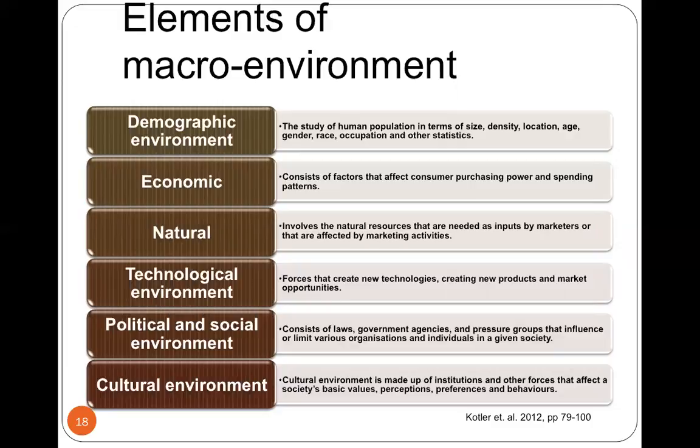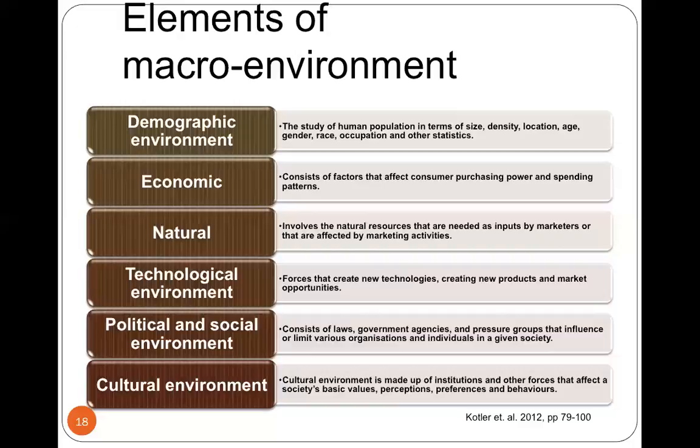Okay, and that's demographic. Okay, economic. Now, economic actually consists of factors that affect the consumer purchase power and spending patterns. Right, economic indicators such as inflation rate, the interest rate.